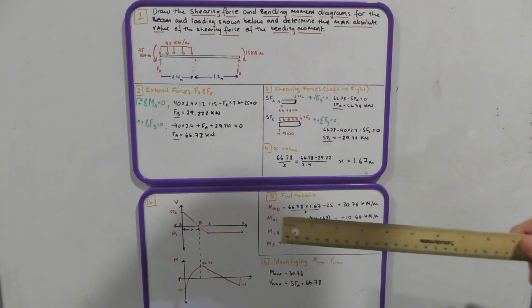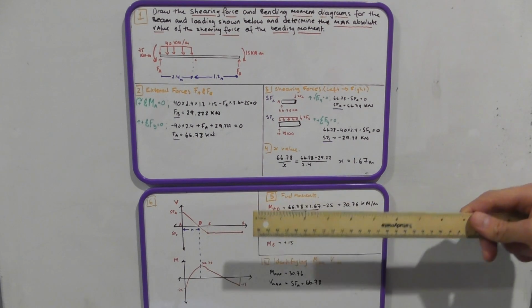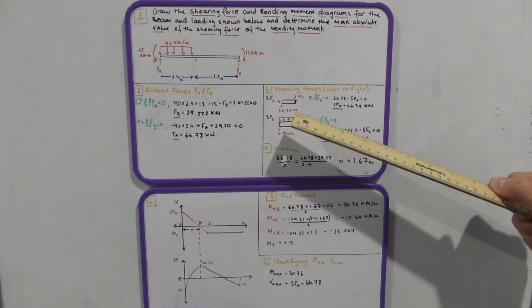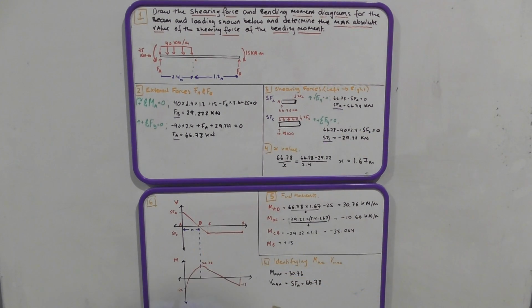Now, next we will find all the moments using the shearing forces and the distances known, because moments are just areas in the shearing force graph. And this is how it's done.